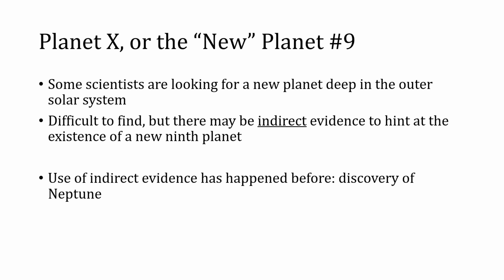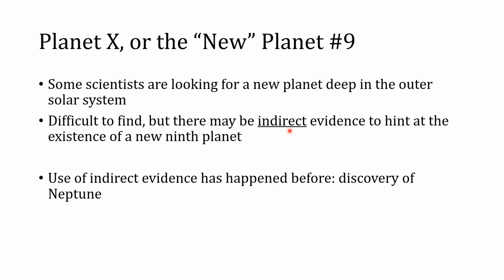There might be some indirect evidence. Indirect evidence means not pictures of a planet out there, but seeing how other things in space respond to a massive object that might exist in that area.